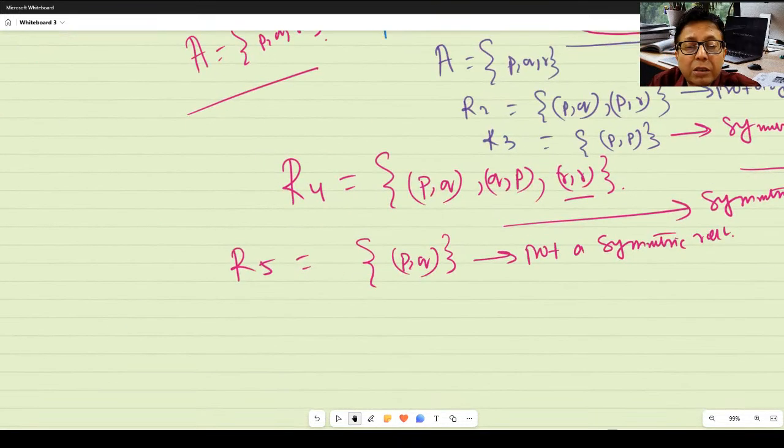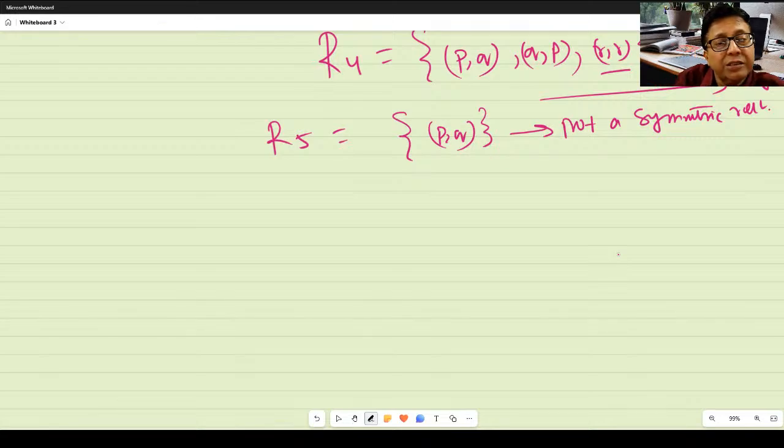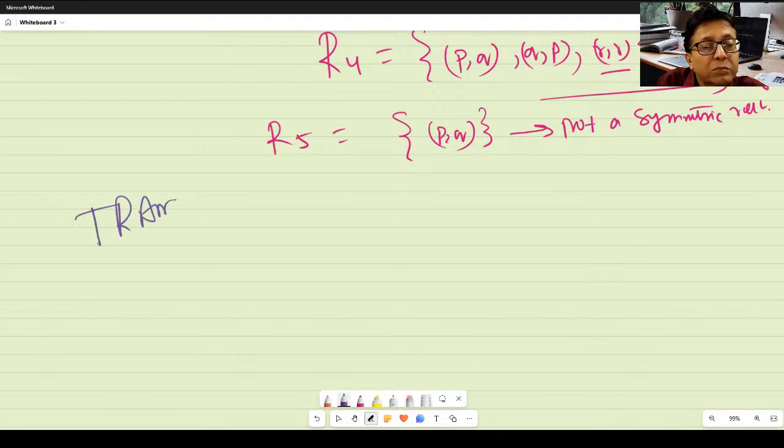Now, let me define another relation that is called a transitive relation. We will be defining that now. Transitive relation.